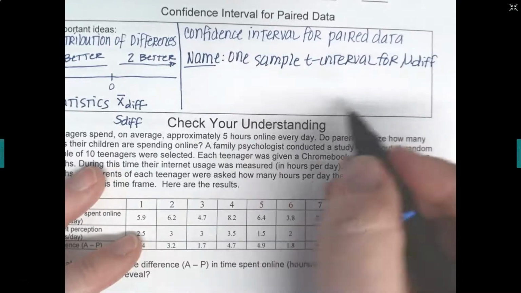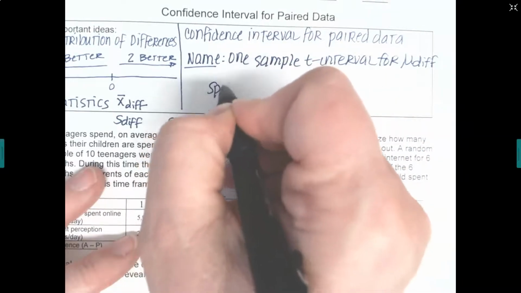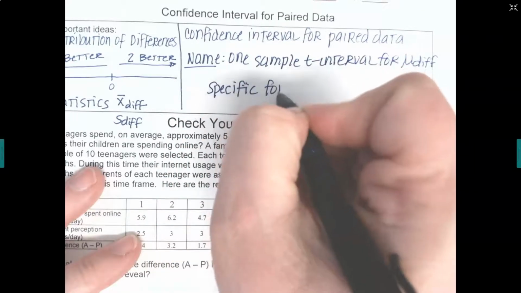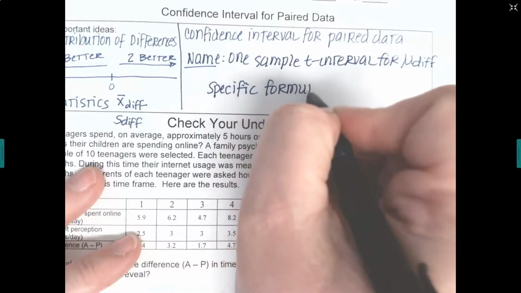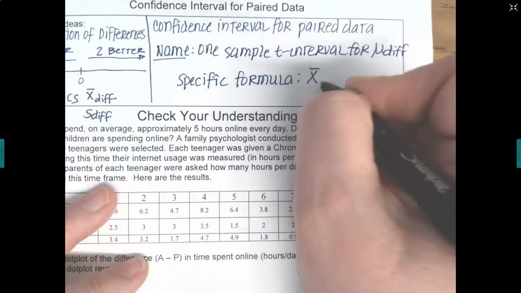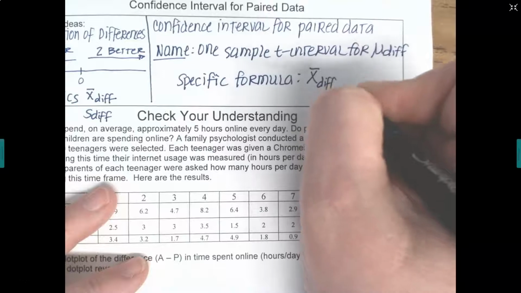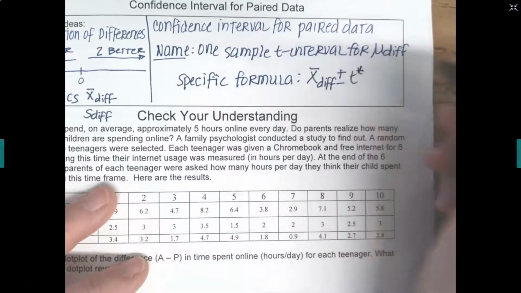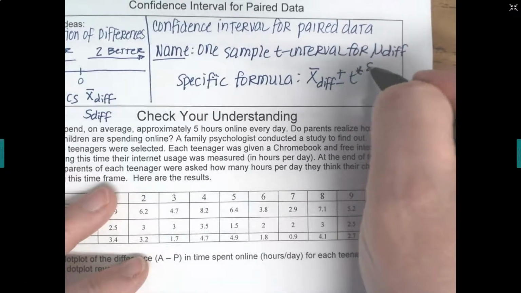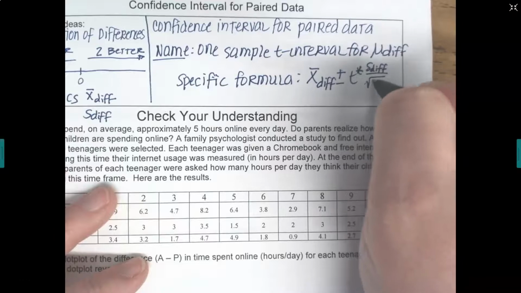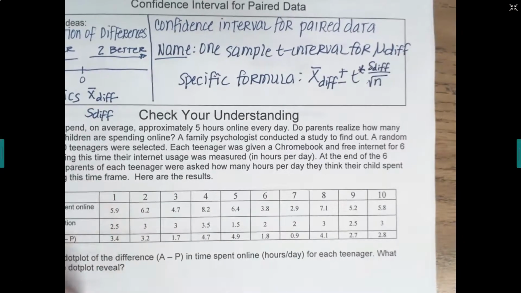And your specific formula that you'll be using is x bar diff, so the mean of the differences, plus or minus the t-star times the standard deviation of the differences divided by the square root of the sample size.